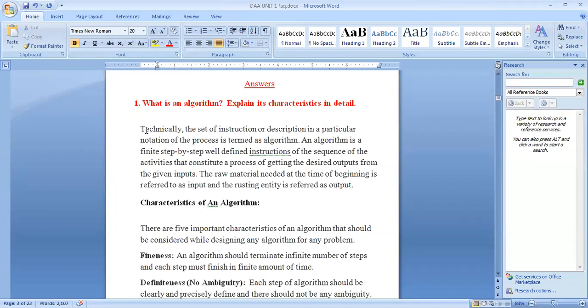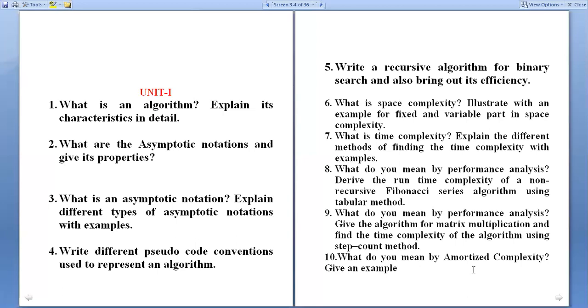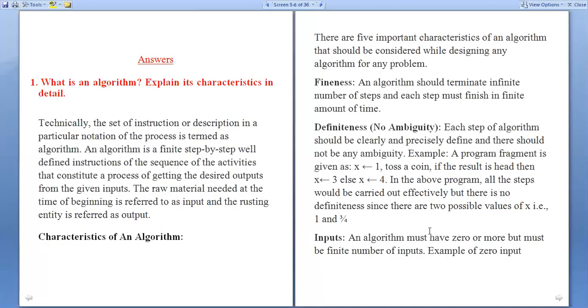So technically, the set of instructions. See, what is an algorithm first of all, and what are the characteristics in detail. Already you know, an algorithm is a sequence of a finite number of steps to solve a problem. So we can define technically the algorithm as a set of instructions, or a description in a particular notation of the process.